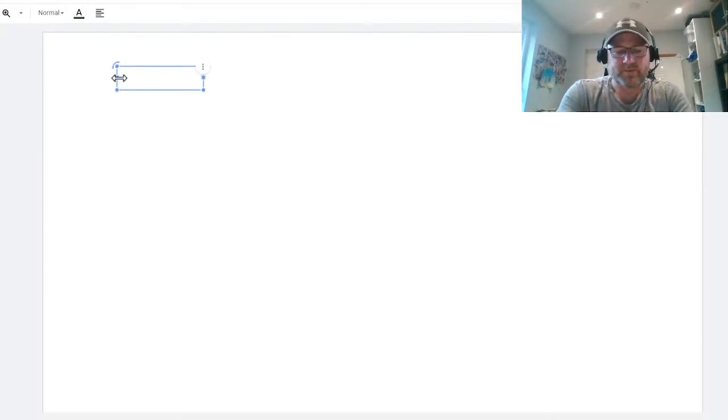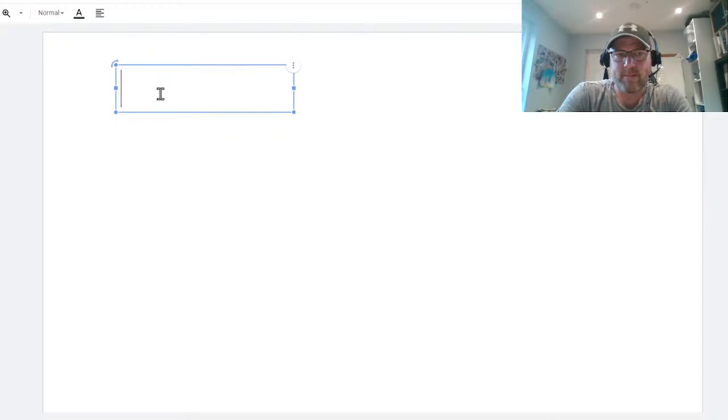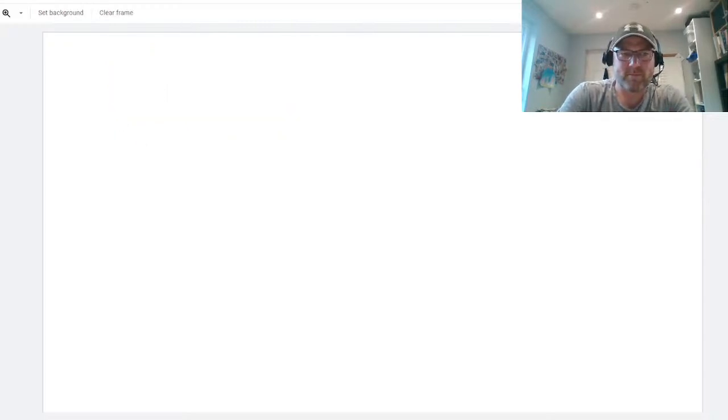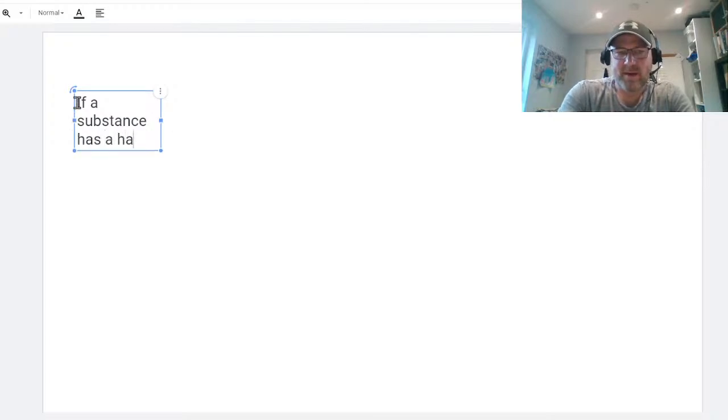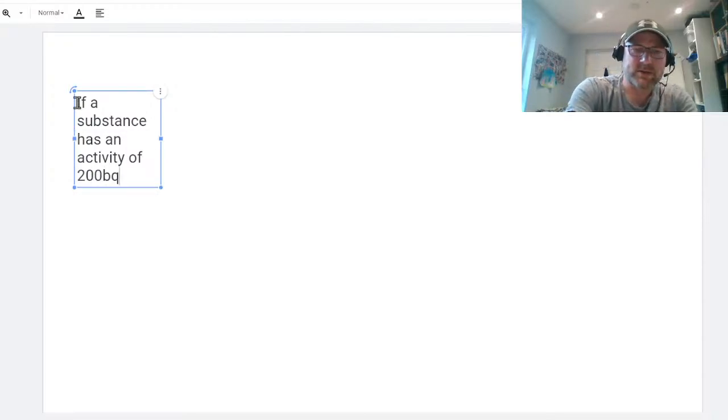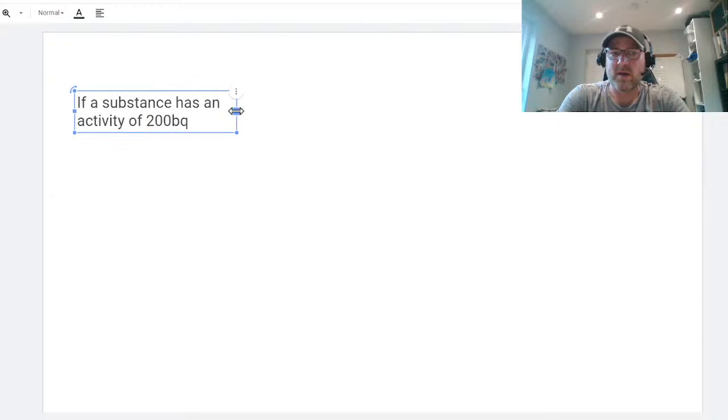Okay, so if a substance has an activity of 200 becquerels. So becquerels is how we measure radioactivity. That means 200 atoms per second are breaking down.